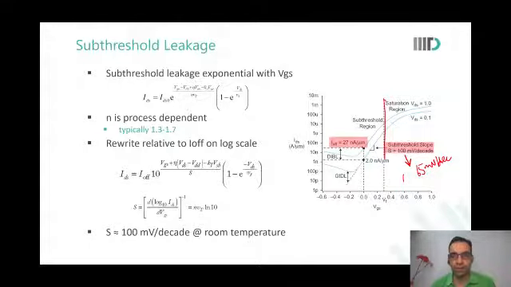Sir, in the first formula, can you repeat the terms in the exponential? It's a little blurry. The terms in the exponential are VGS minus VT naught minus eta VDS minus K gamma VSB. You have all these things available in the book. Don't worry about it.